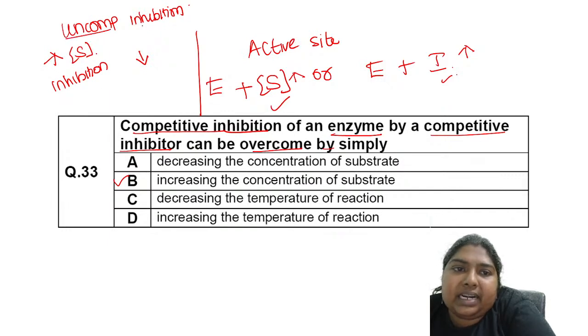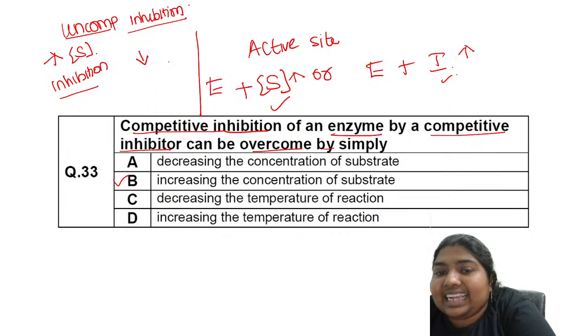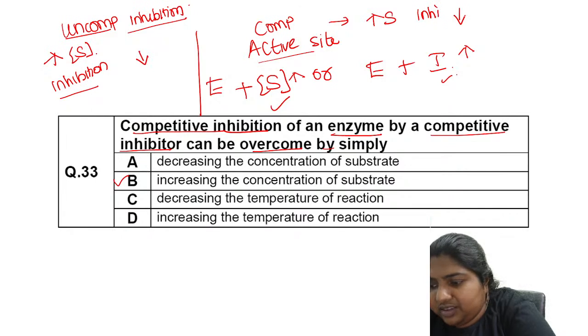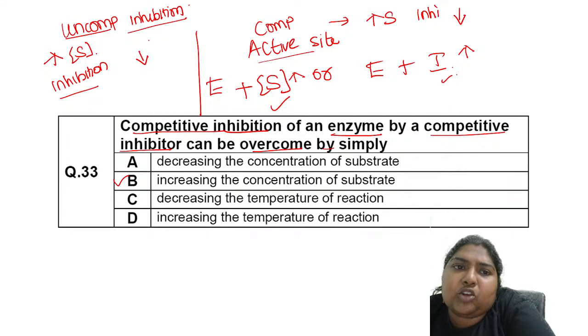In uncompetitive inhibition, if I increase the substrate concentration, the inhibition is going to decrease like that of my competitive inhibition. True or false? We know that in competitive inhibition, if I increase the substrate concentration, the inhibition is going to get reduced. Is the same happening with uncompetitive inhibition? Not at all. Why?